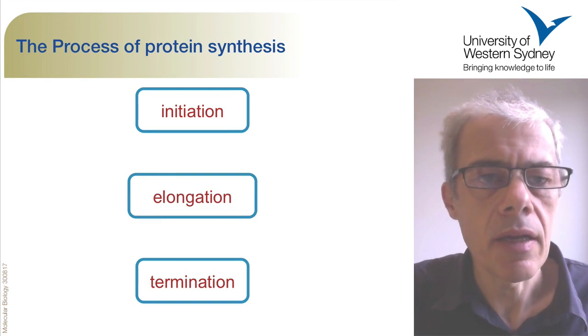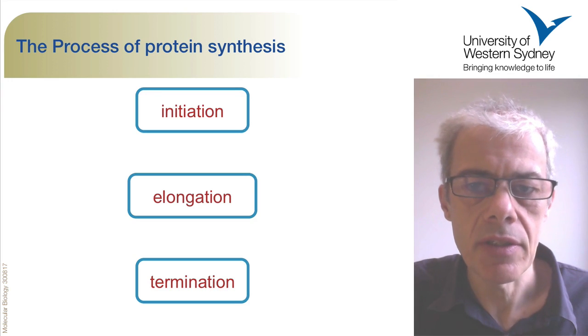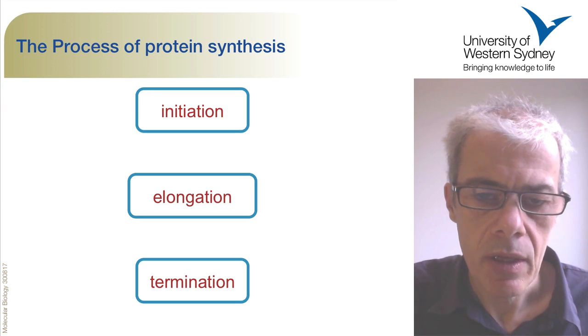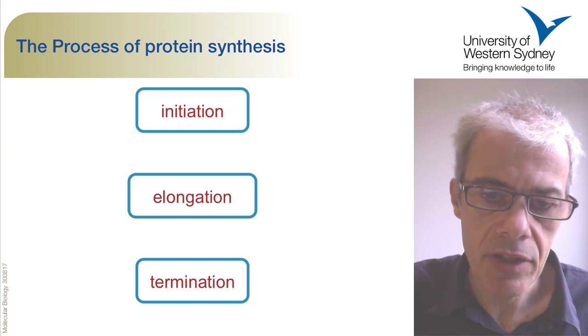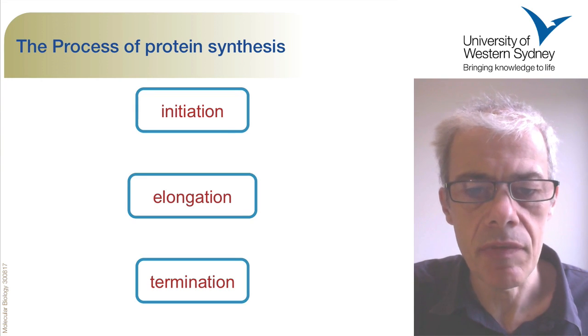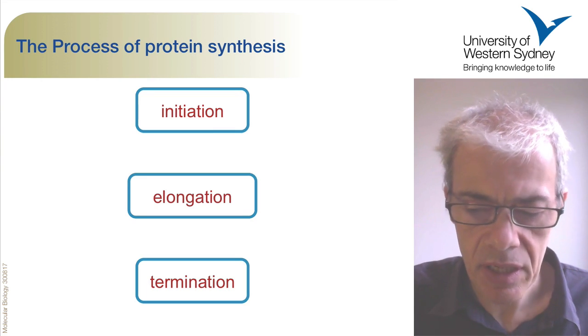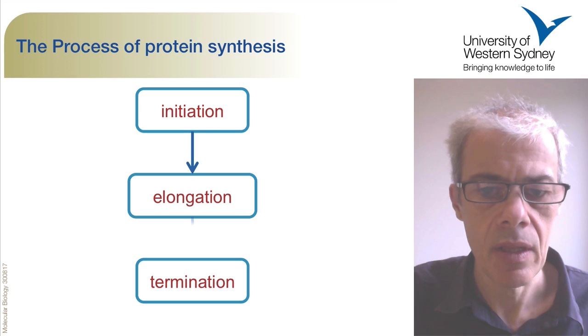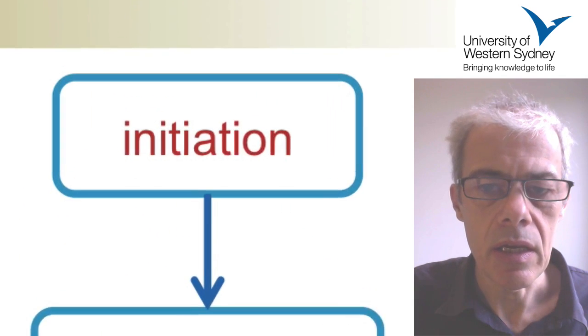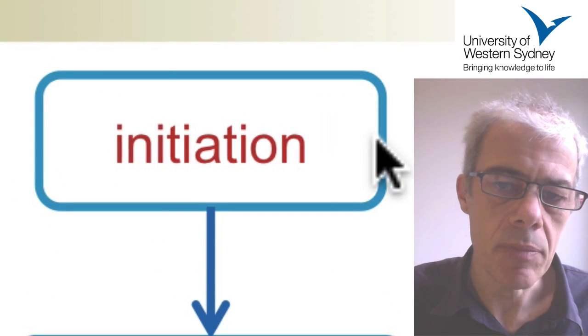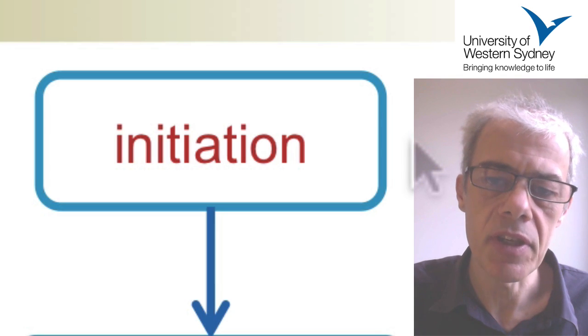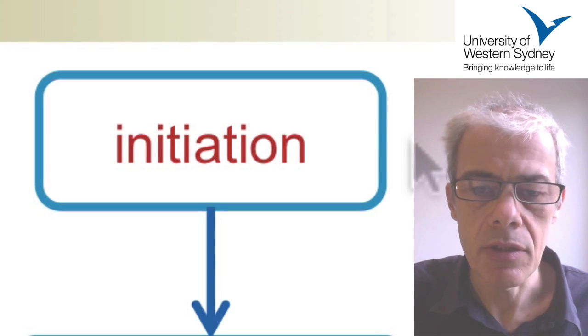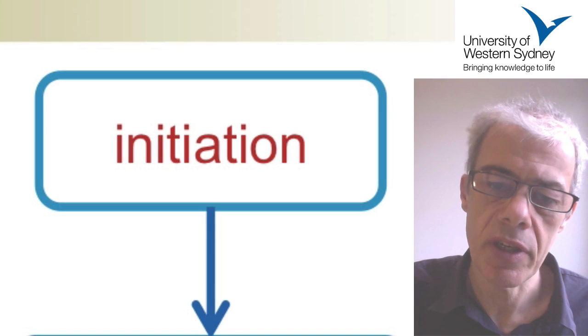So, as a broad overview of the process of protein synthesis, it can be broken up into 3 stages: initiation, elongation, and termination. Initiation is the bringing together of the cellular machinery required to begin the process of protein synthesis.